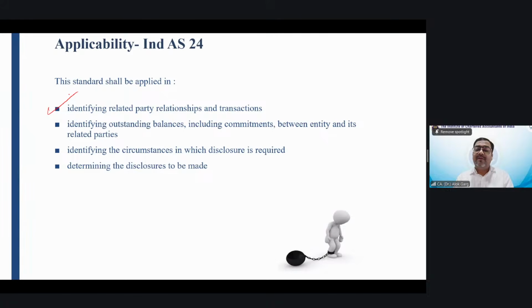So friends, this standard helps us in identifying related party relationships and transactions.